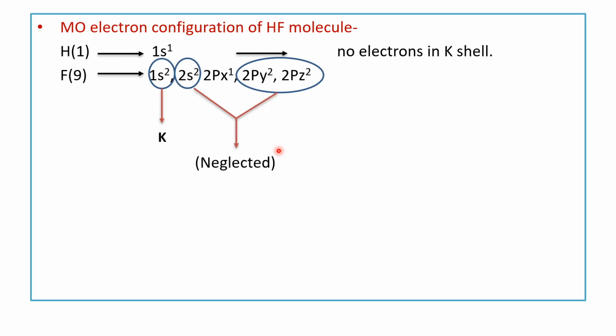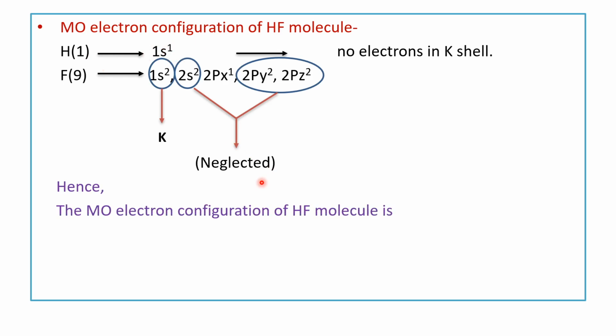Why are they neglected? Because we have to use only a single electron for the overlap with the 1s atomic orbital of the hydrogen. So based upon this, we have the MO electronic configuration of the HF molecule, and that is K sigma sp2. So this is the MO electronic configuration of the HF molecule, right?